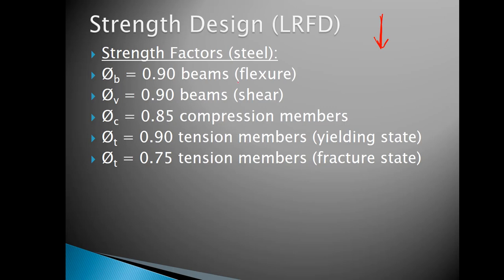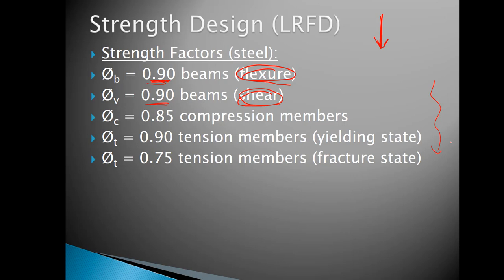And so if we're dealing with bending or flexure, then we reduce it by 90%, the allowable value. If we're dealing with shear, then we also reduce that by 95%. And you can see the other factors that apply there. We'll predominantly stay with bending and shear for the sake of what we're doing here.